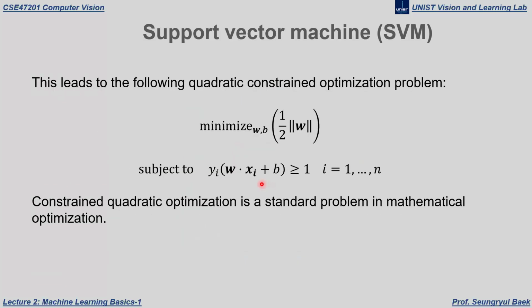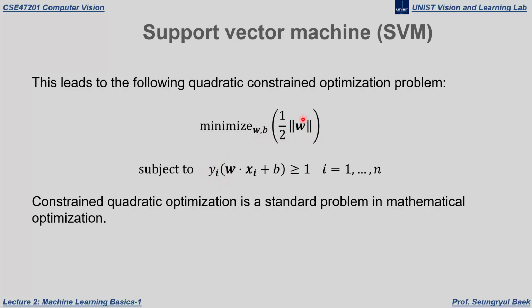So in mathematics, we can now optimize this function, the norm of W over 2, and we will find W and b that minimize this function, okay? Then our W and b are decided, as we stated before. Are you guys following this? But there's some constraint.